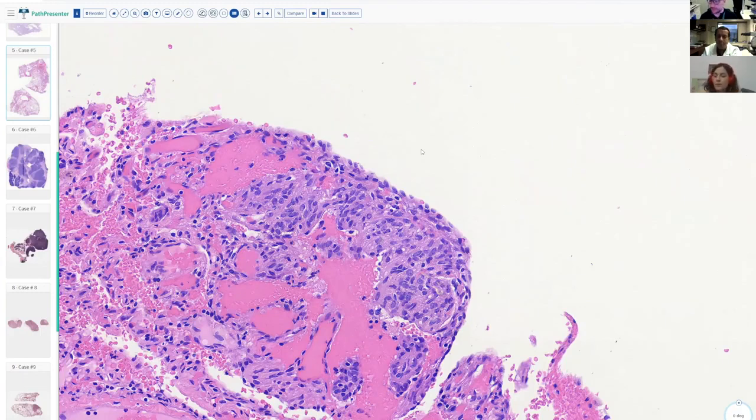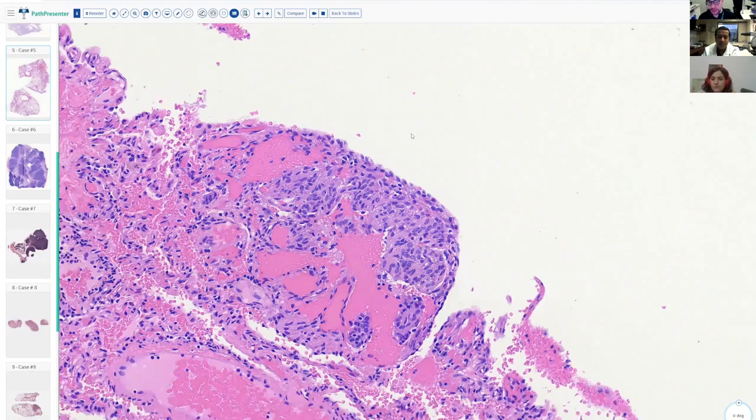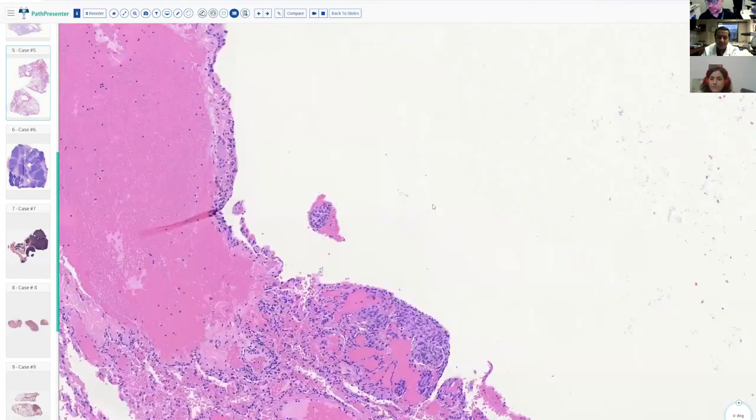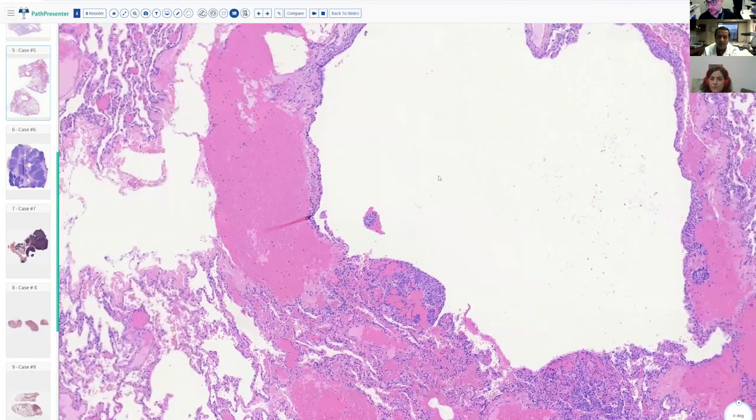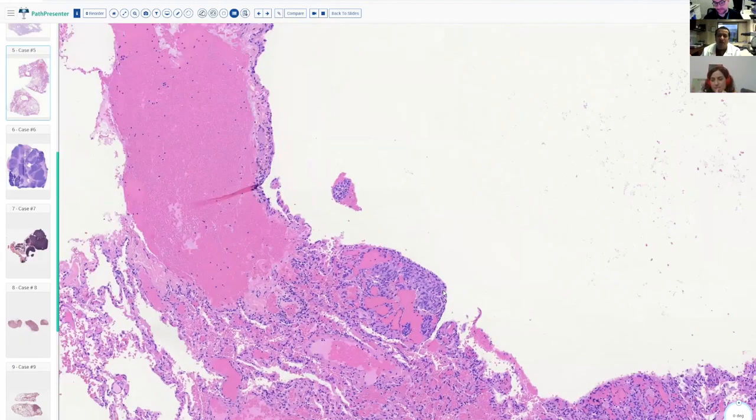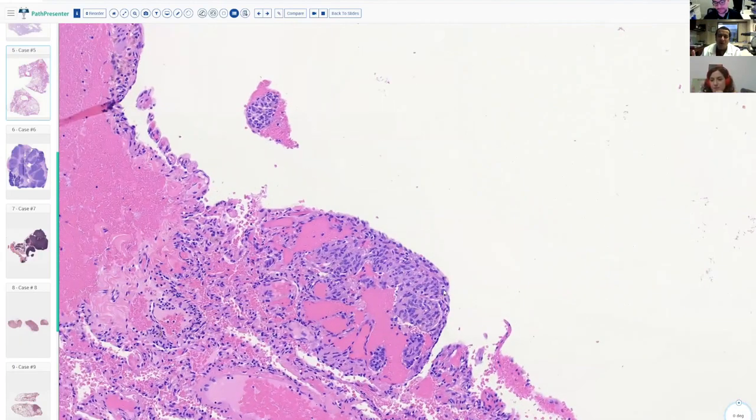Okay, perfect. Do you stain this with HMB45 to prove it? Yeah, I do, unless it's completely obvious, but in most cases I've done HMB45. And if it's negative, have you had this experience? I haven't had any negative cases. Sanjay, have you? Yeah, classically HMB45 is weak and focal in these lesions, so you want a better marker.